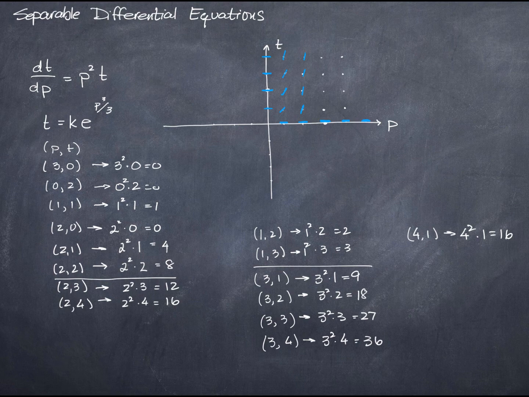I haven't finished that either because my slopes are getting very, very steep. At 3, 1, I have a slope of 9. At 3, 2, I have a slope of 18, 27, 36. They're very, very steep. And at 4, 1, I have 16. My work here is not accurate.